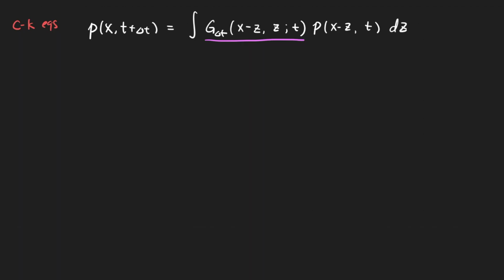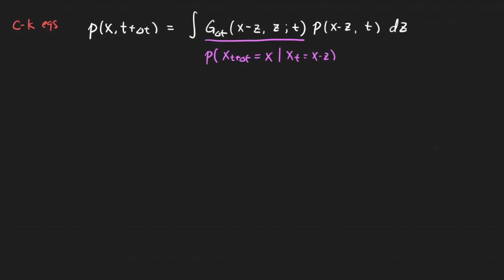So that just equals to the probability of the process equals to x at t plus delta t, conditioned on the process equals to x minus z at time t. So basically, if we think of this as a function, this function has two arguments. One is the starting position, and the other is the jump set z.